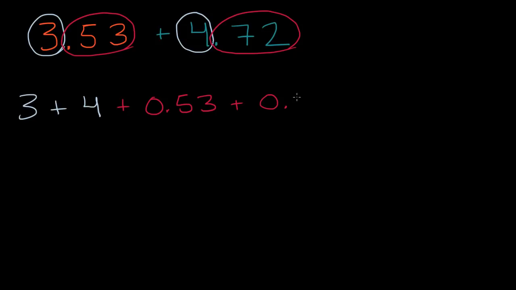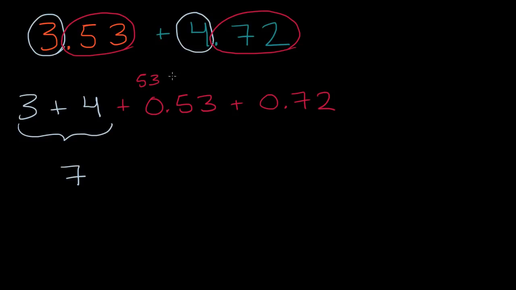Now the 3 plus 4 is pretty straightforward. This is just going to be equal to 7. But what is 53 hundredths plus 72 hundredths? Well, what's 53 plus 72? Let me write it this way.